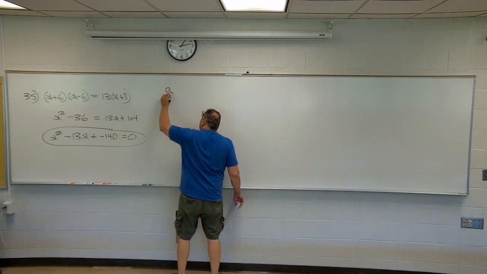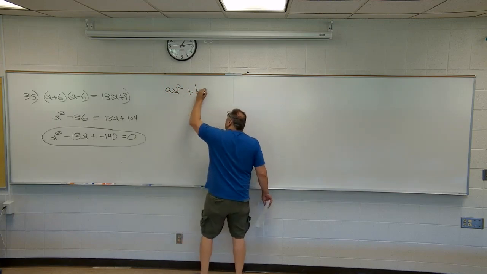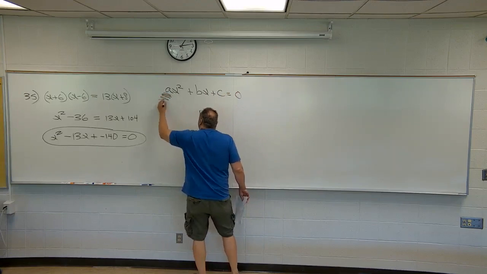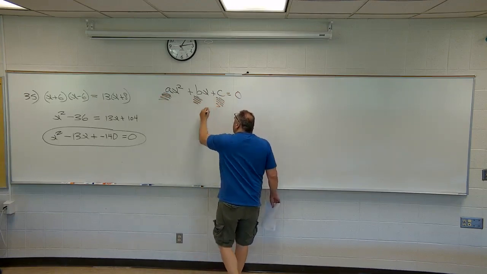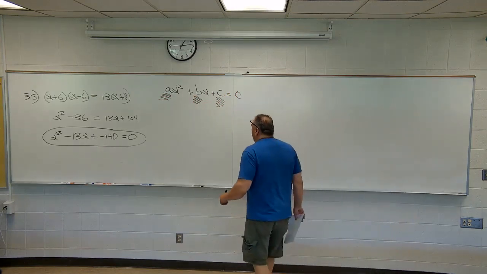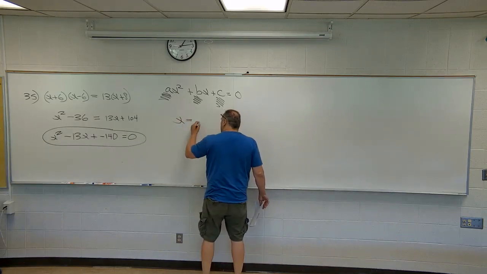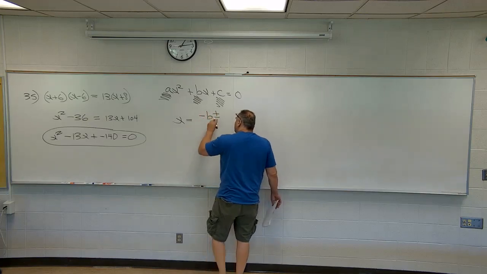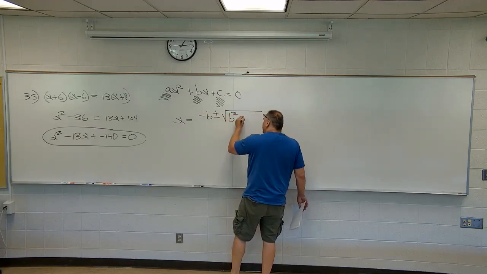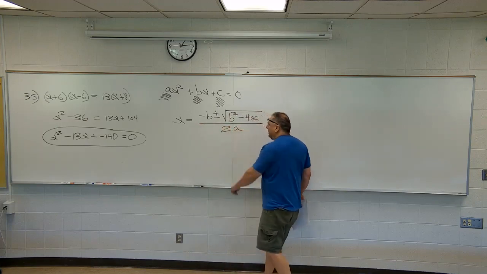If you have a constant a times x squared plus a constant b times x plus a constant c, and you set it equal to 0, where a, b, and c are any real numbers, and you want to solve for x, x is equal to the opposite of b plus or minus the square root of the quantity b squared minus 4ac, the whole thing over 2a.